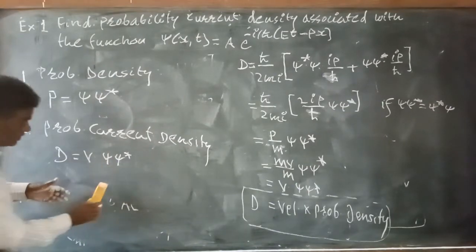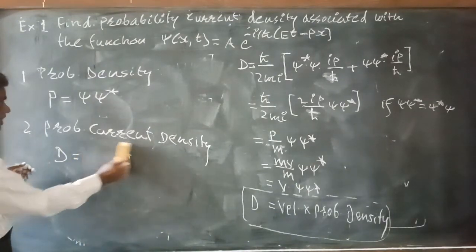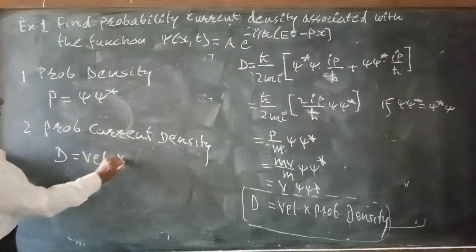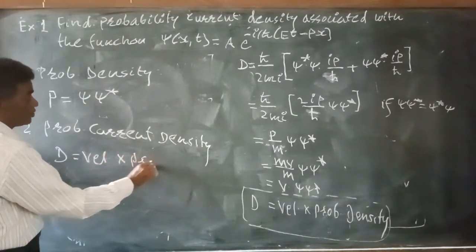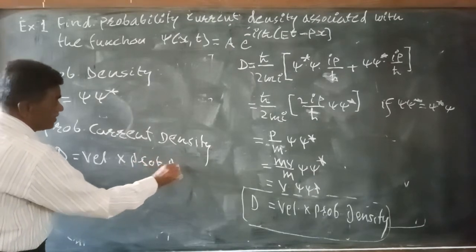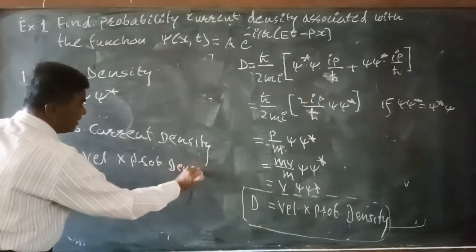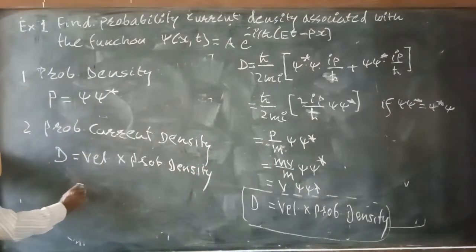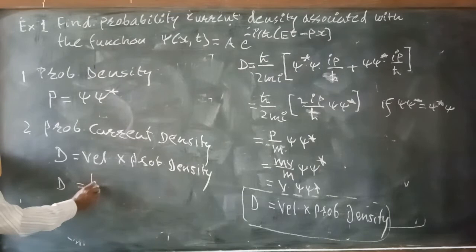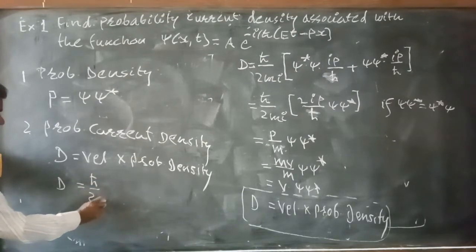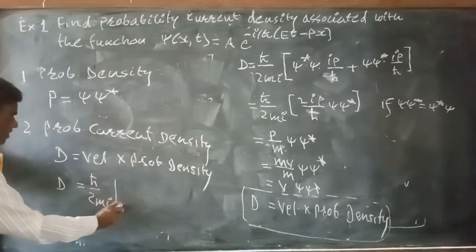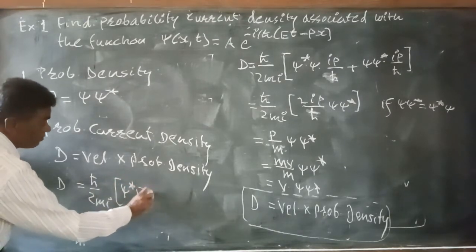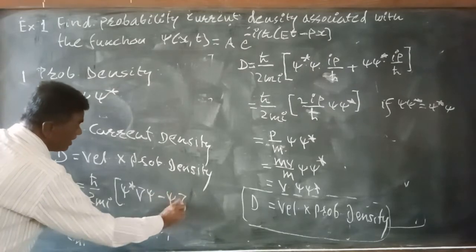So this is equivalent to the velocity of the particle into the probability density. Or this is defined as h cross divided by twice m i, we have seen this expression earlier, into psi star del psi minus psi del psi star.